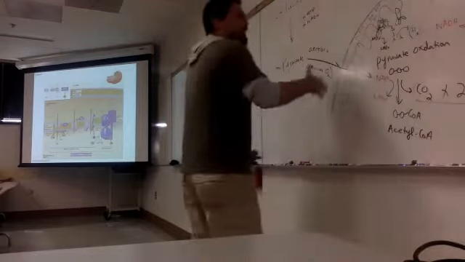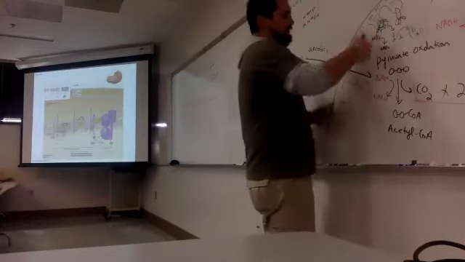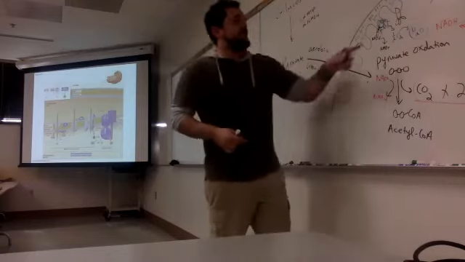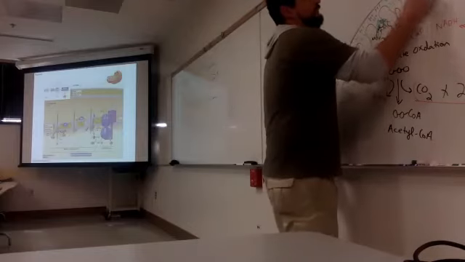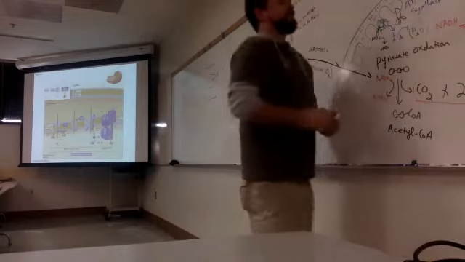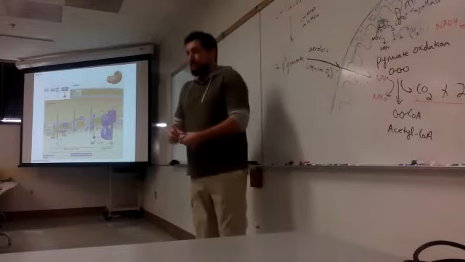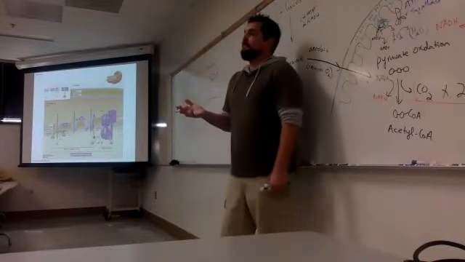After all that, you've got all these protons in this inner membrane space, and then what happens is you've got this final enzyme. This is called the ATP synthase. This enzyme right here. The job of ATP synthase is that it functions as a channel.